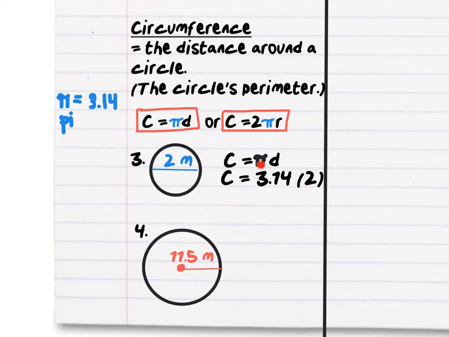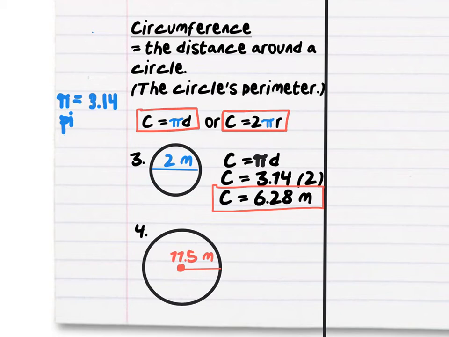Remember, this symbol pi always stands for 3.14. And now when we multiply 3.14 times 2, then the circumference is going to be 6.28 meters. And we label it M, M for meters. And that's our answer.